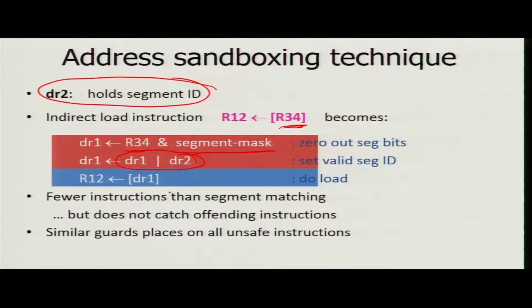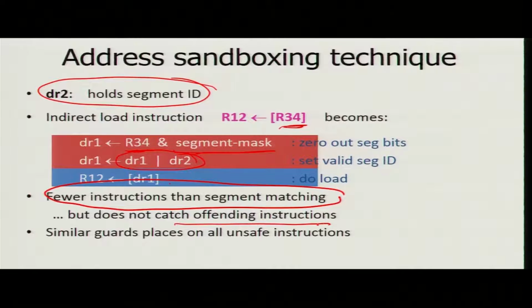If it goes through, then you proceed. You get fewer instructions here, but in the other one, the segment matching technique, you were trapping when it does not match, and therefore you were catching the offending instructions. In this case, you will have to forego that.